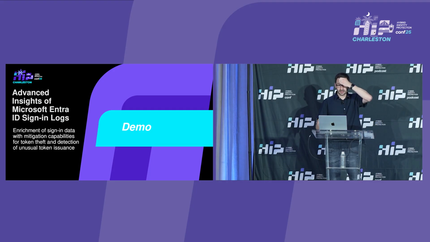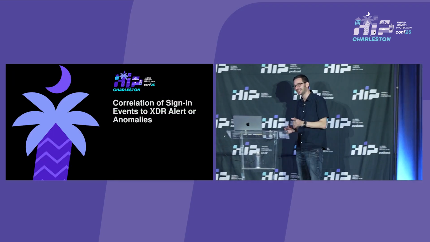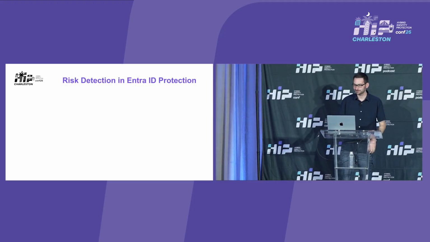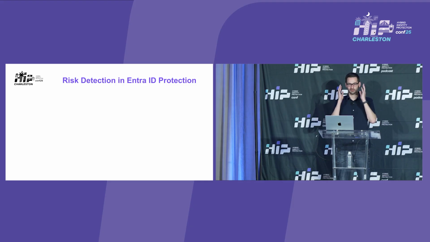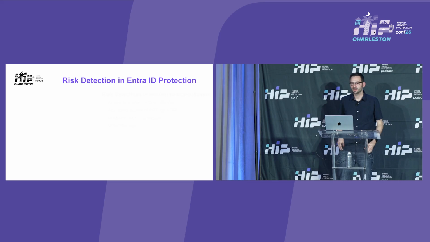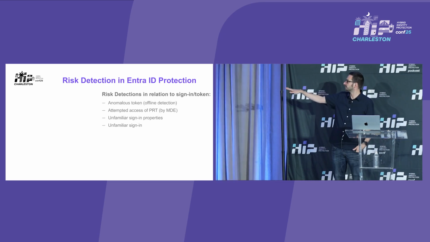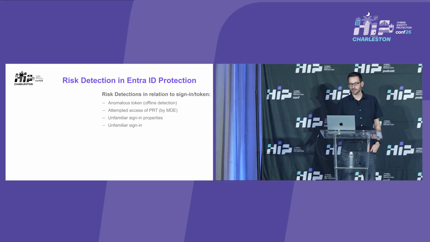So with that in mind, we have a couple of options. And I need to speed up a little bit because I'm running out of time, but let's see how we can have some more fun with the correlation. And in this case, I had my very own custom detection. So I was aware that this is a suspicious behavior from getting a token, but we have Entra ID Protection in place, and there's a couple of detections out there, like anomalous token, unfamiliar sign-in.